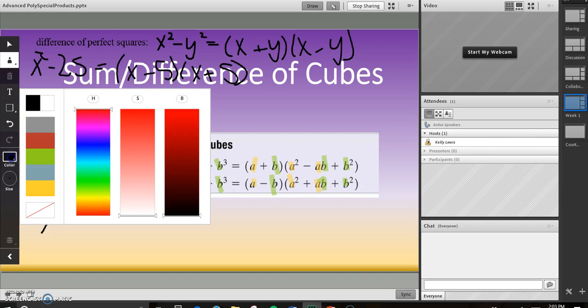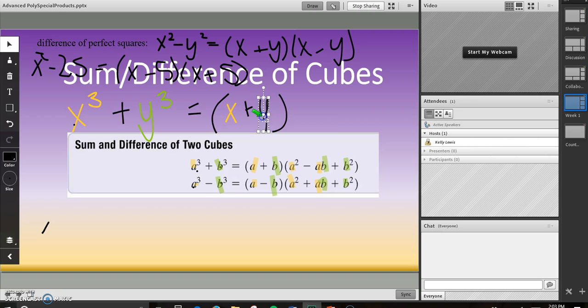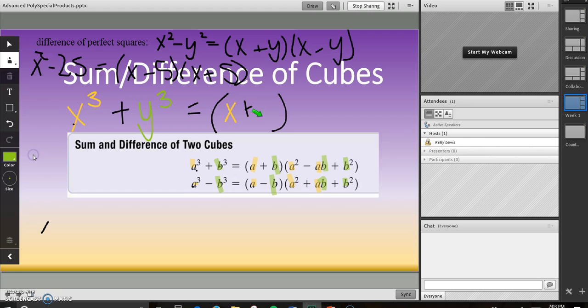We follow a pattern. So it's going to be the first number plus the second number. You're going to take the cube root. If it was 8, it would be 2 times 2 times 2, so we would use just x and 2. When I do a real example, it's going to mean more. Right now, I'm just showing you that you can use an x or a y.